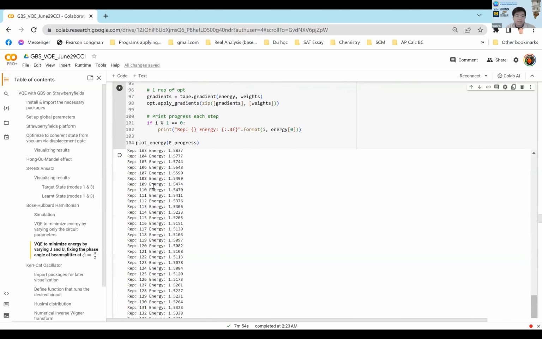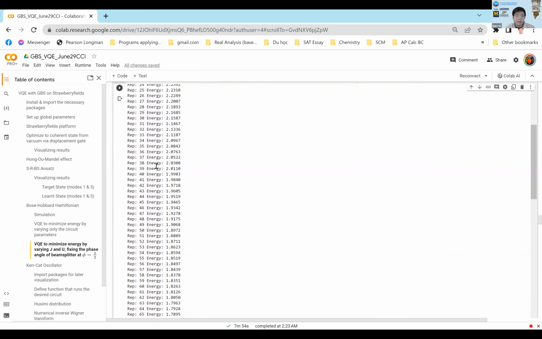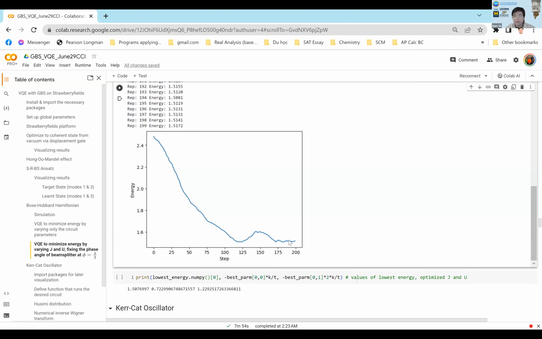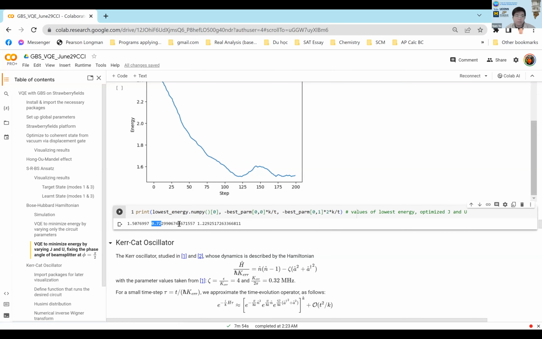As you can see here, starting with an energy of around 2.48, after I optimize it, it gets to around 1.51. The progress is shown here. From that, I was able to find that the corresponding values for J and U would be 0.723 and 1.23, so that the energy is optimized at around 1.51, as I was showing earlier as well.